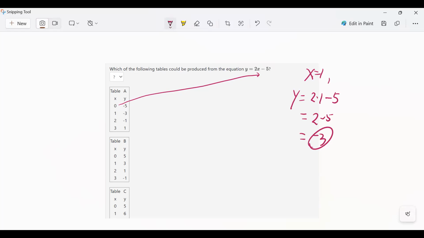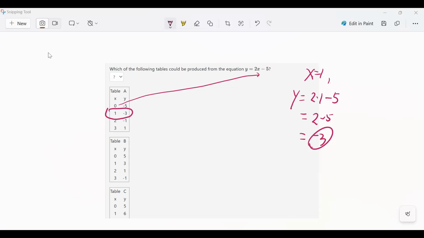Yep. So you can check, in this case, if you just create one ordered pair, that's good. At least we can, just like what Maria just said, make x equal to 1 and then solve for y, and that will match with table A. That's the only matching table we have here, so table A is the correct answer.